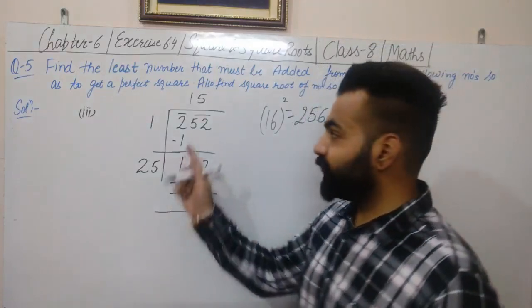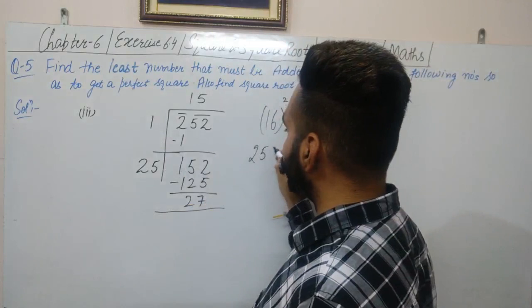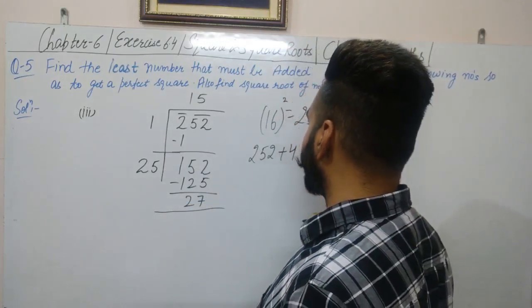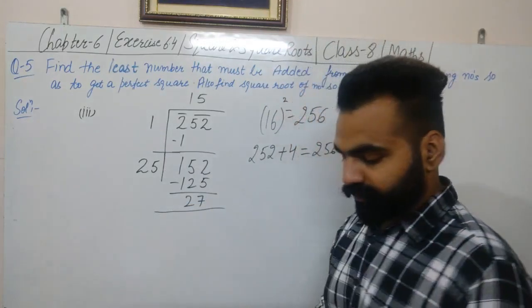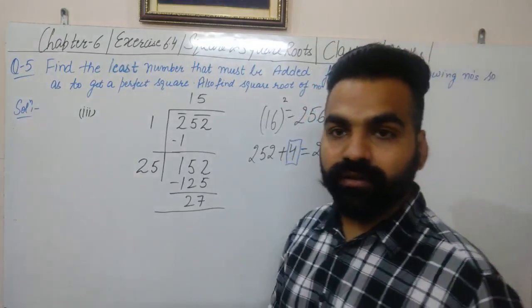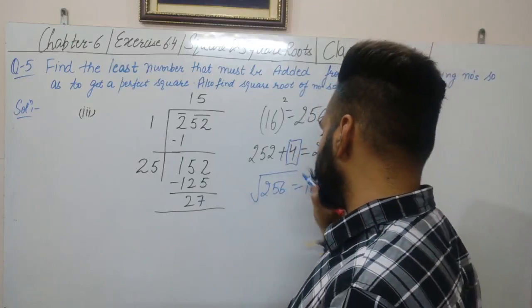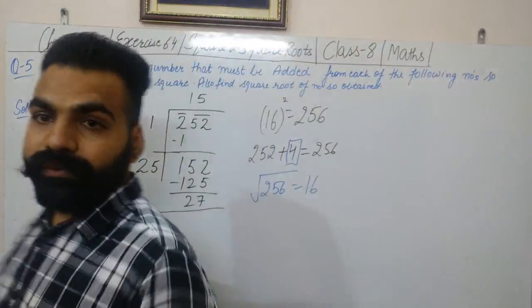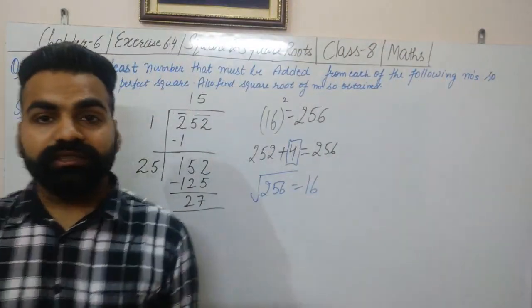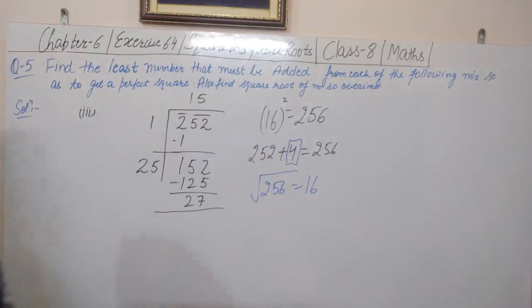So now what must be added to 252 to make it 256? So we can add 4 to 252 so that it becomes 256, and 256 is a perfect square. So the square root of 256 is 16. So 4 is the number which must be added to this 252 so that it becomes a perfect square.